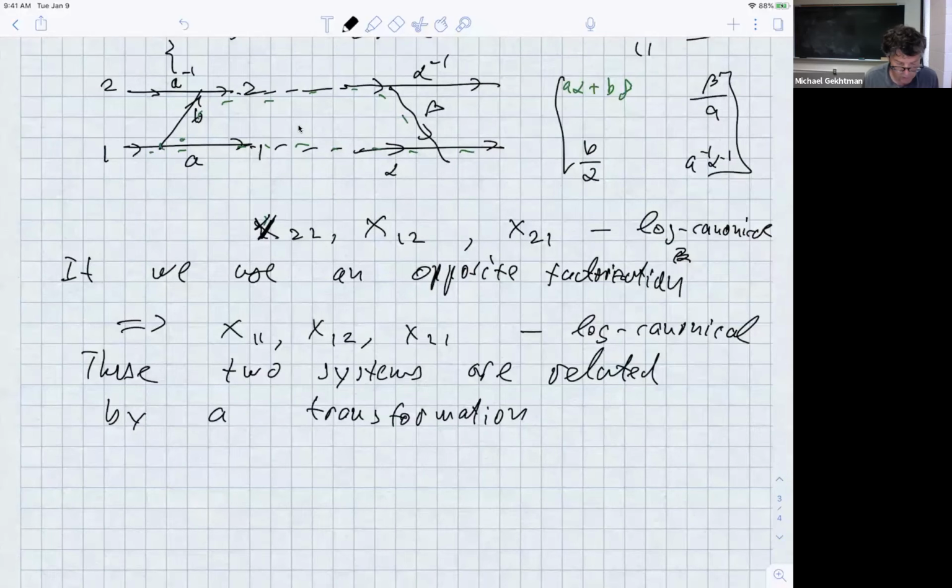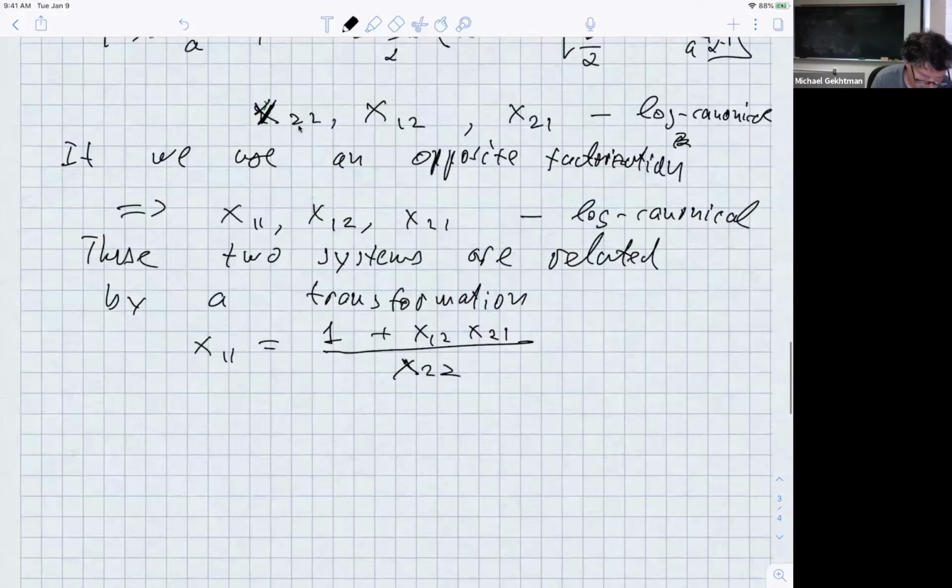So we'll just compute the determinant. So x11, since we're in SLN, is simply 1 plus x12 x21 divided by x22. So this is a transformation.